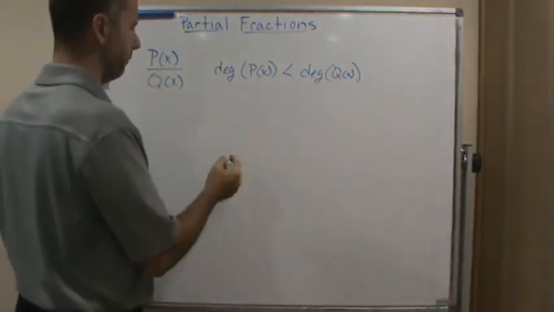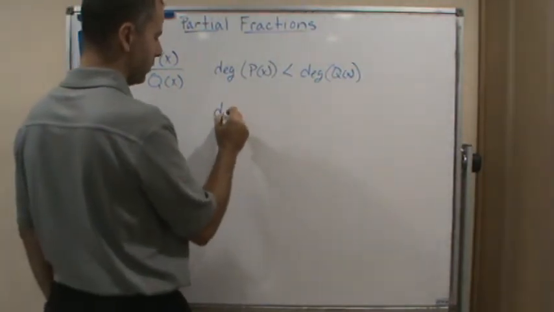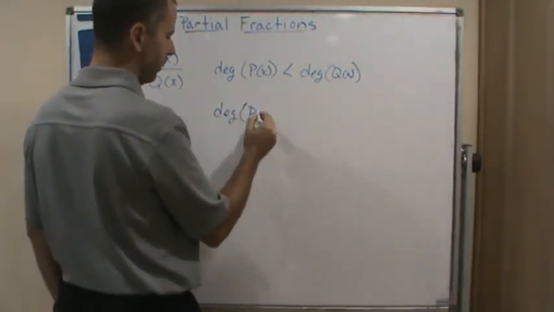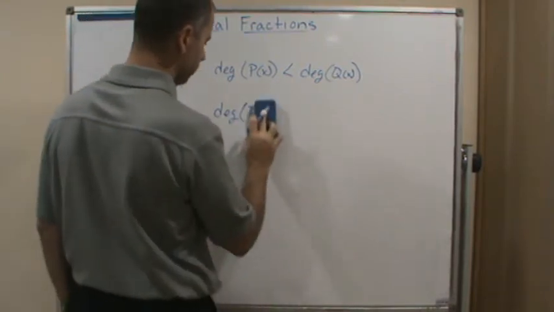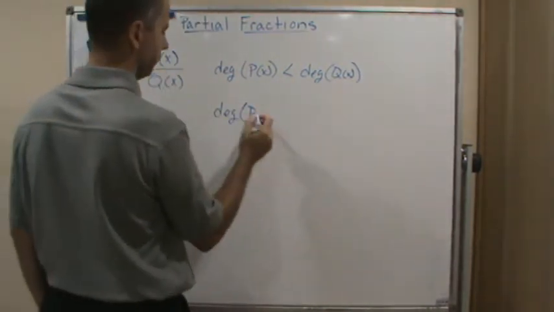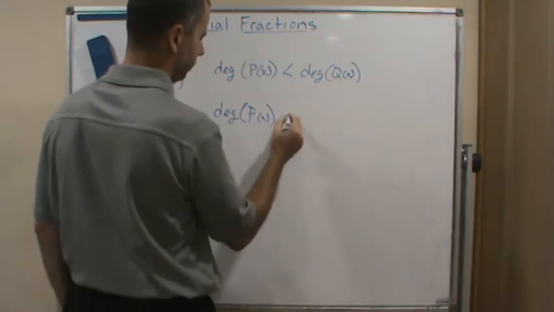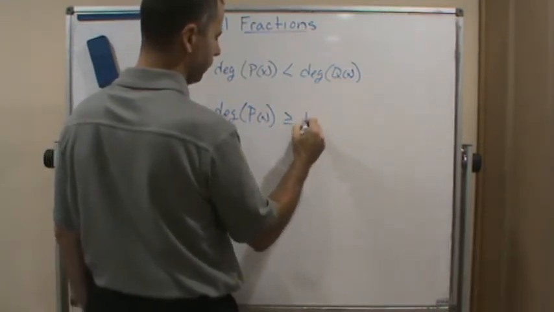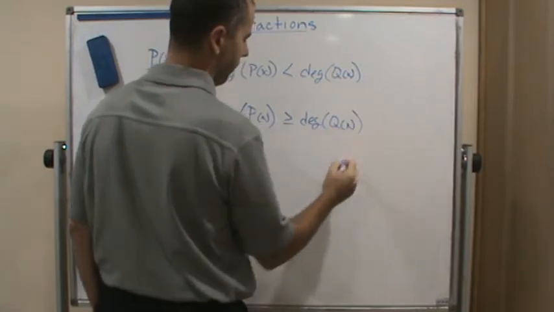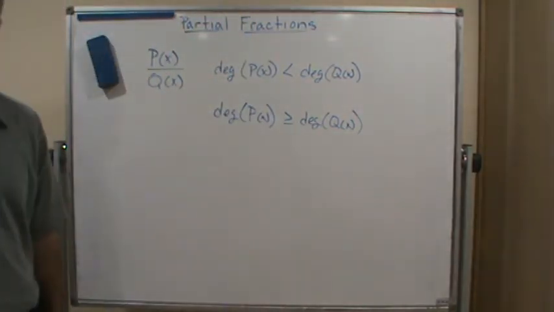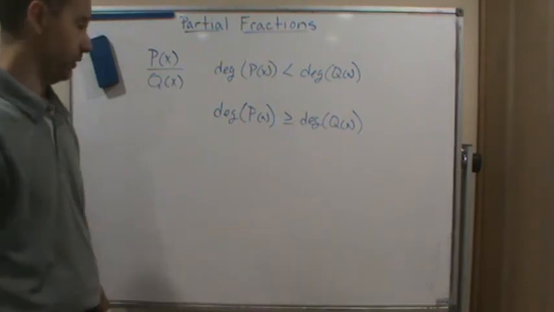Well, what if we have the situation where the degree of the top is greater than or equal to the degree of the bottom? Well, in that case, we're going to have to divide. We're going to have to use long division first.